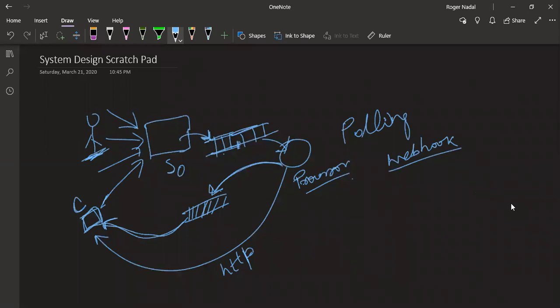But some small subsystem in our system can directly call a client if the client has registered a webhook URL, where you can post, hey, this was done, with some ID the client can relate to. Otherwise the client would say, what was done? I have no idea. So you put that information there. Make sense?